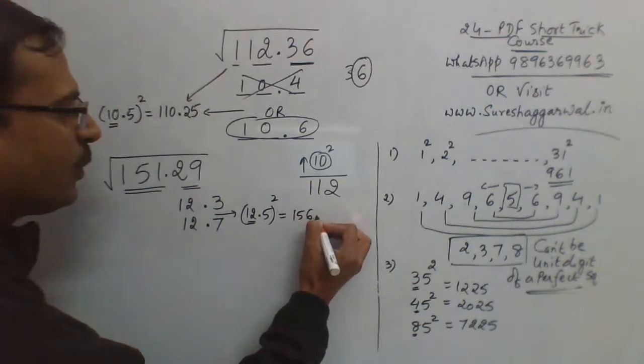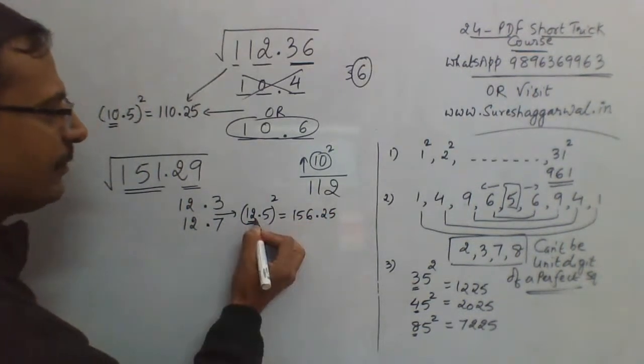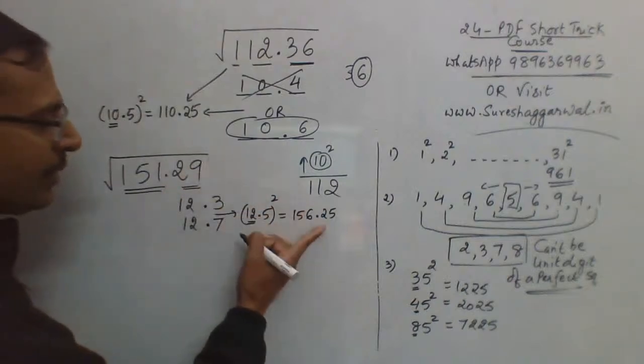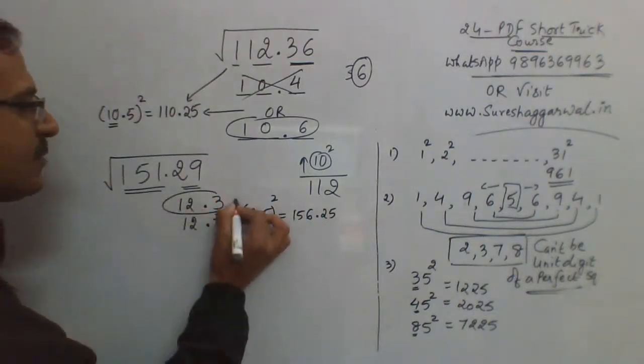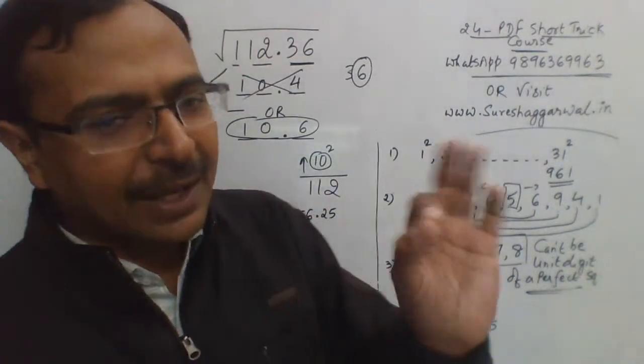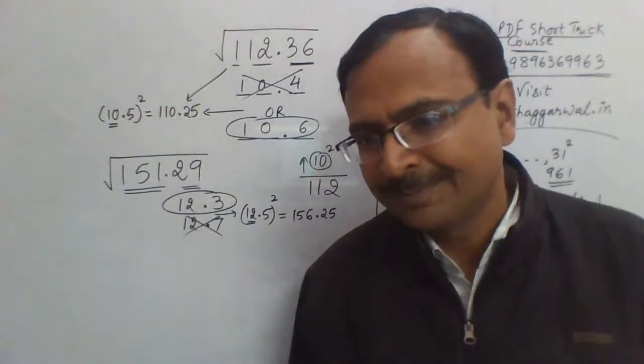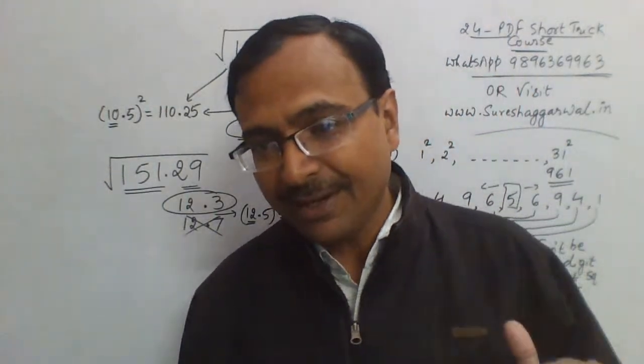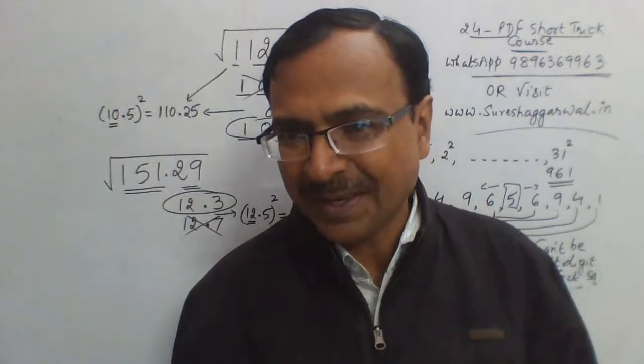So 156.25 is the square of this number. My number is smaller, and therefore my answer is smaller. The larger one is rejected. Number of steps have reduced considerably now.